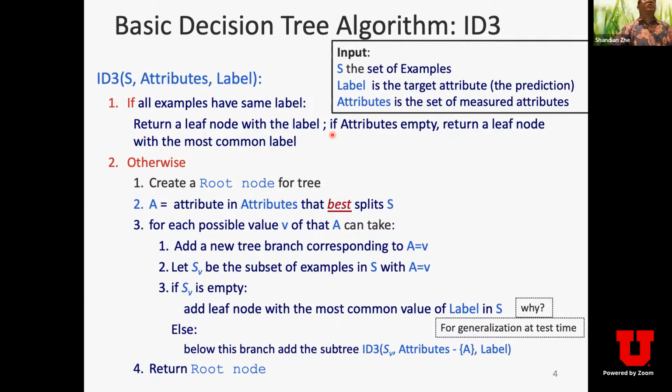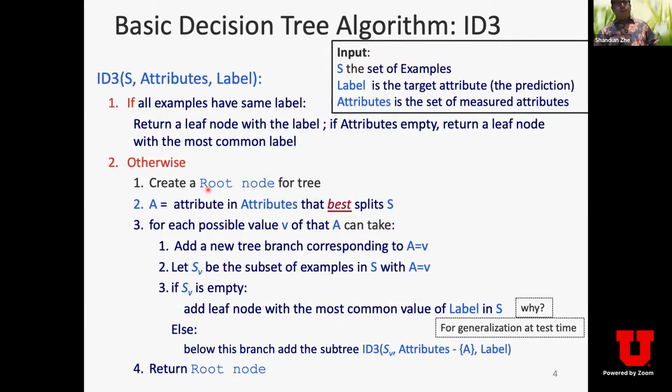Because you don't have any additional attribute to do the further split. In that case, I'm gonna return a leaf node as well, and in this case, I'm gonna assign the most common label in S as the label for this leaf node, right? Just make sure that you implement these 2 stopping conditions correctly. Otherwise, you may see some kind of ghost bug. In some cases your algorithm works well, in some cases it just gets stuck or even crashes your system.